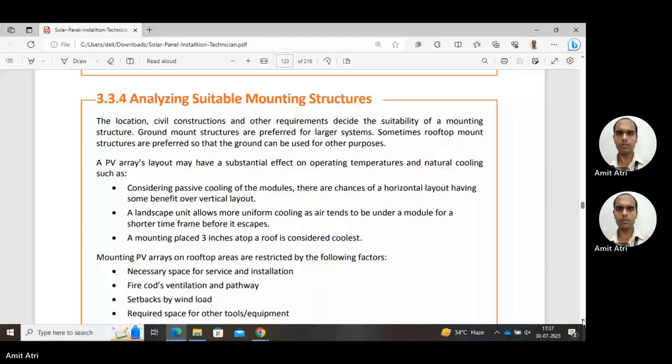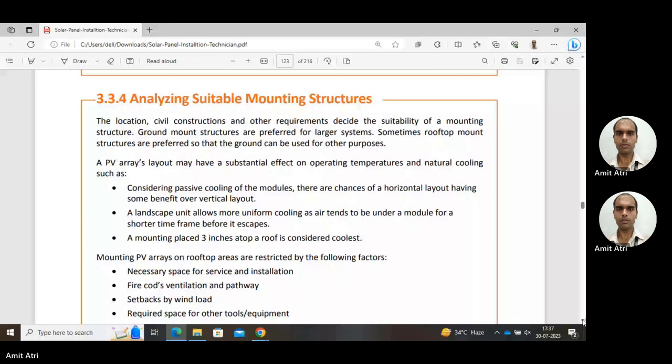A PV array's layout may have a substantial effect on operating temperature and natural cooling. We have seen that the output electricity production by a panel decreases with an increase in temperature. 25 degrees Celsius is the standard test condition.